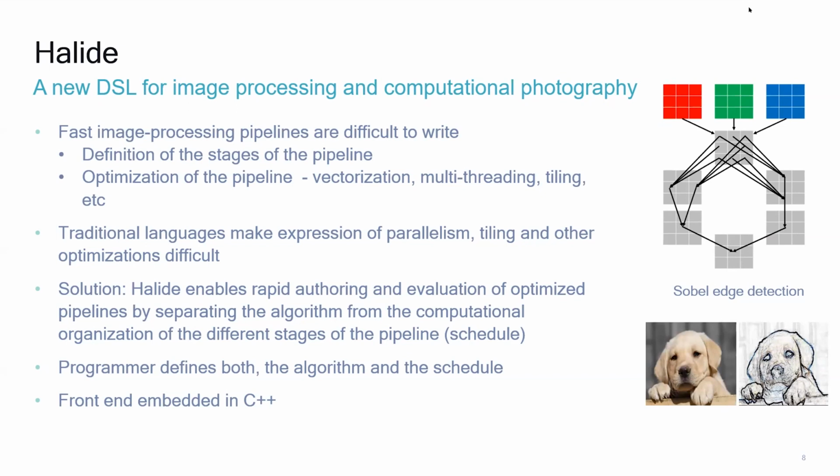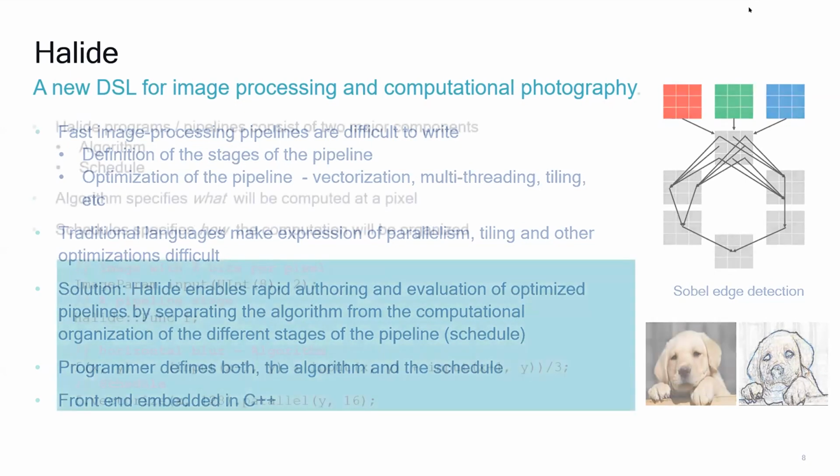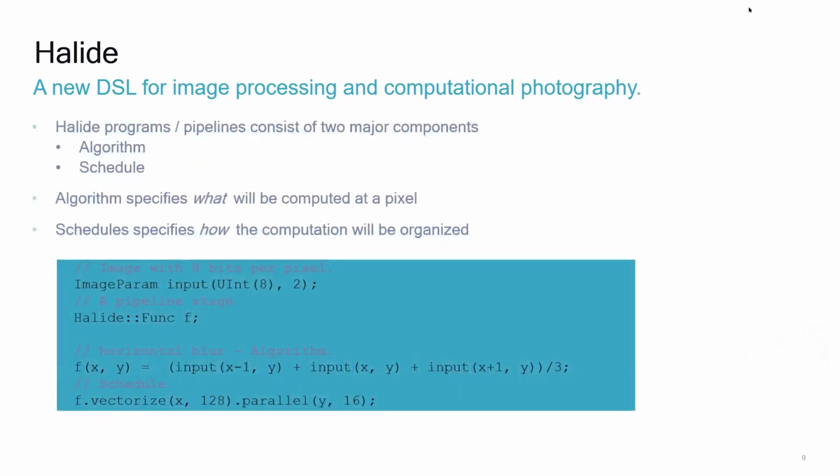So I'll just get into the slide where I explain what algorithm and schedule are. We are talking about horizontal blur in this example. When you are processing a pixel, there are two things you are doing.